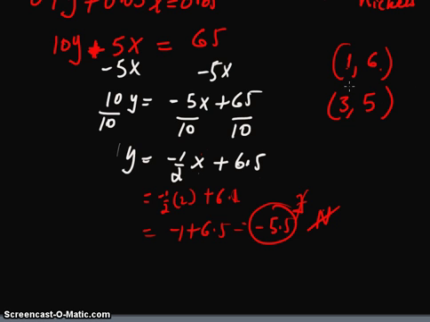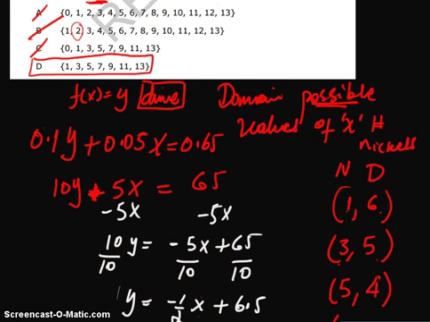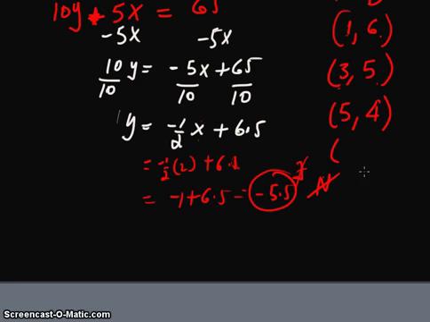So 3 nickels and 5 dimes. The next one is 5. Negative 2.5 plus 6.5 gives me 4, and that would give me 65 cents.